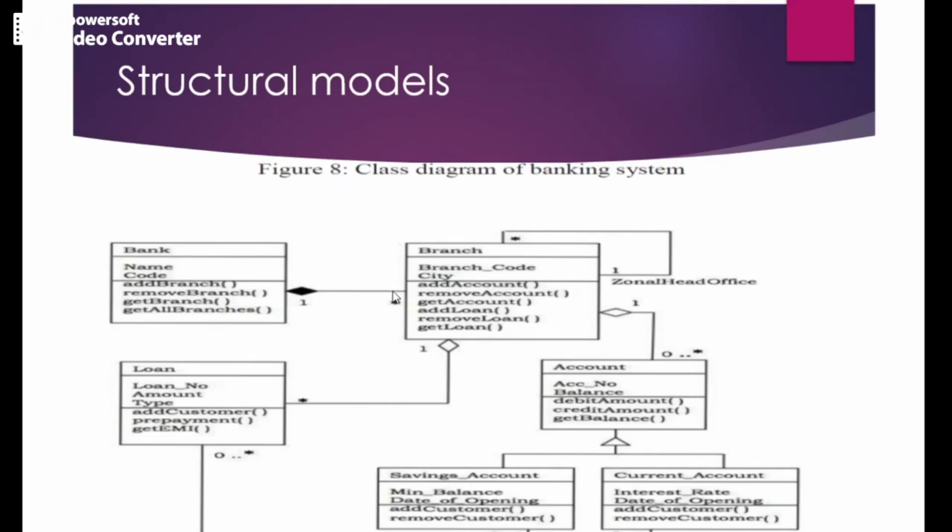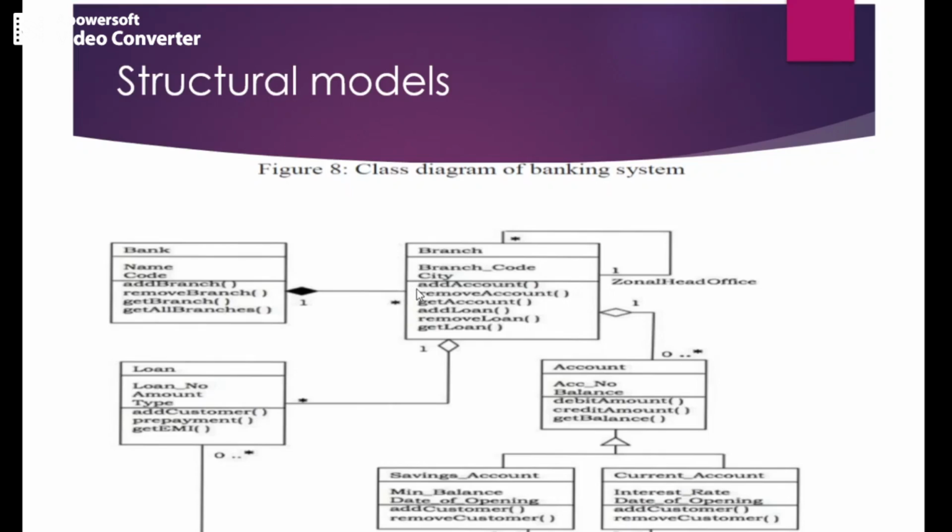It also shows the association between each class. Can you see here, 1 star? Between the bank class and the branch class, you can see the type of association. 1 is to star, star is n. It means one bank can have n branches. If you consider Canara Bank, it can have n branches.